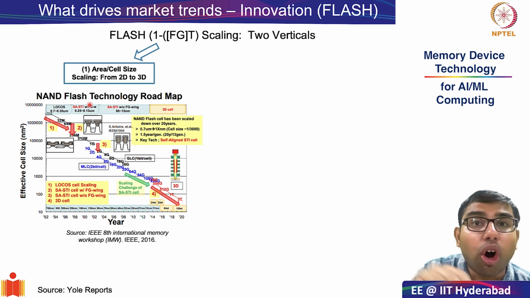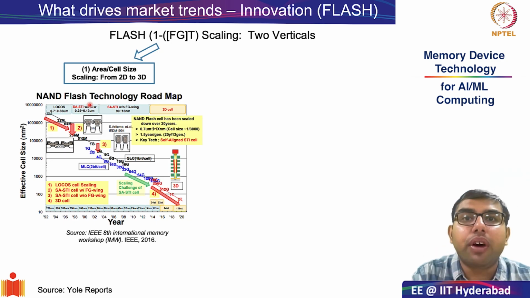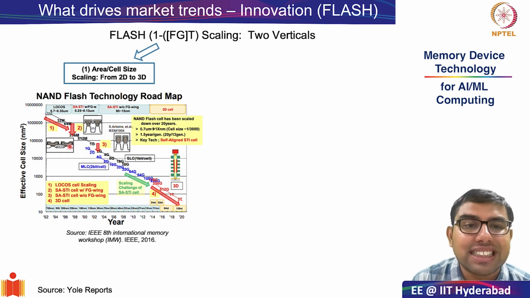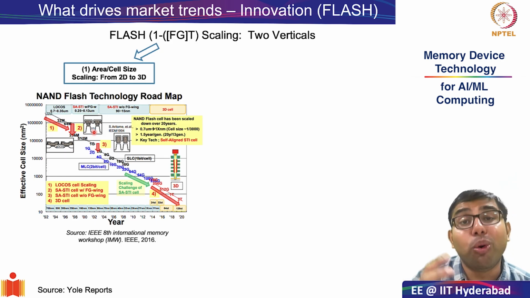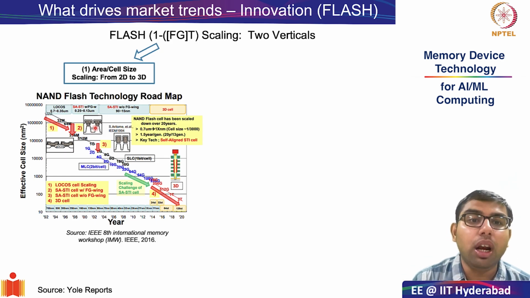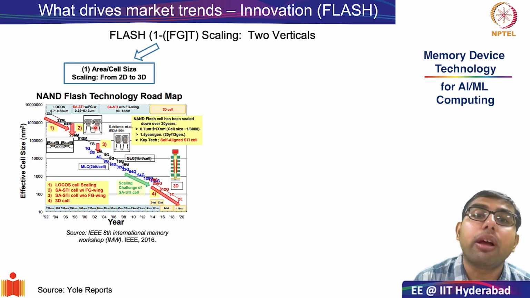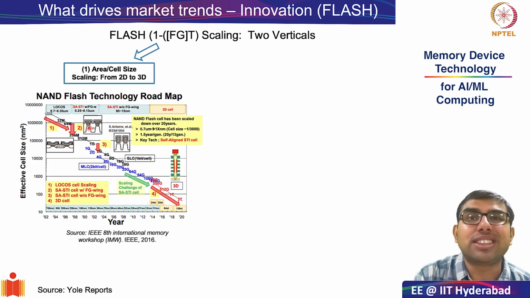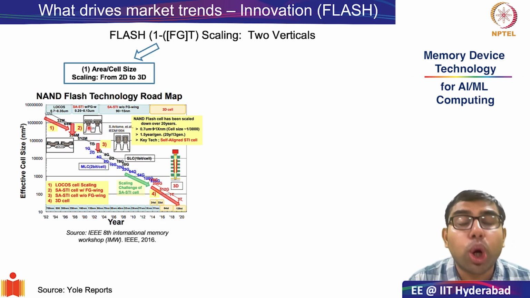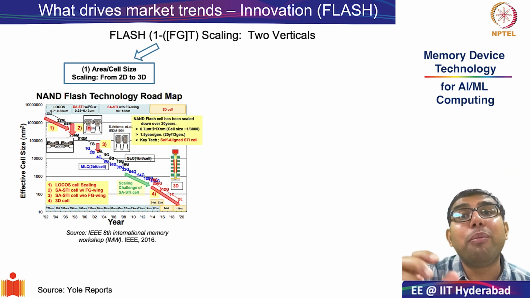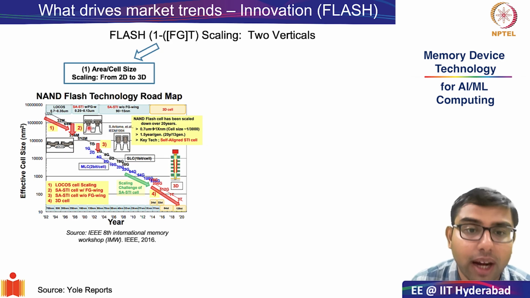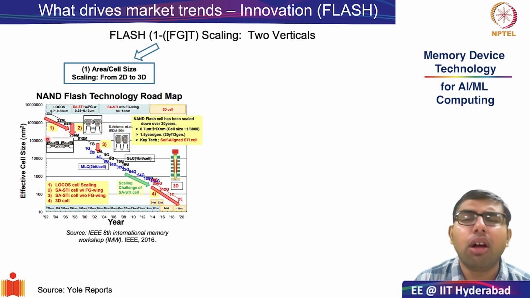Whereas in LOCOS, you were oxidizing the silicon wafer to isolate two neighboring transistors, in STI you were essentially etching out silicon and filling it with low dielectric material. Therefore, through this process, you were able to bring transistors closer and closer together. Of course, in parallel, you were also scaling the size of the transistor as well. And through this technique, you were easily able to reduce the effective cell area, or in other words, improve bit density.